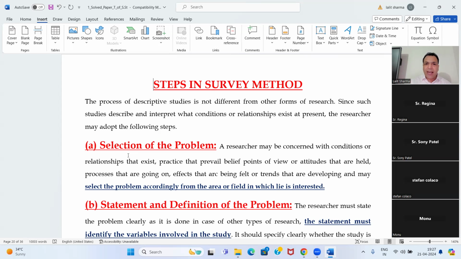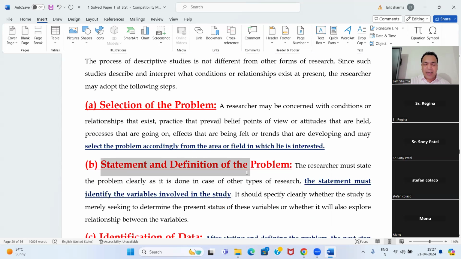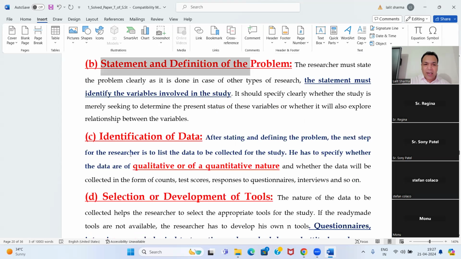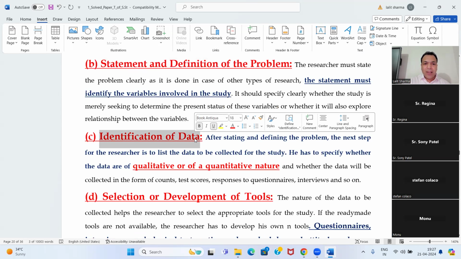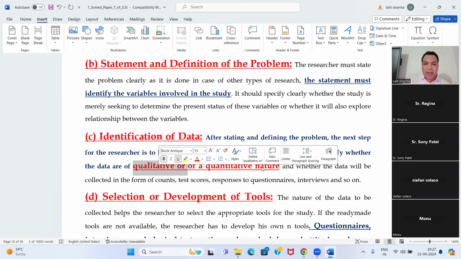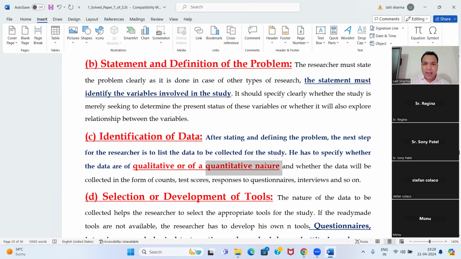Second, statement and definition of the problem. Third, identification of the data. Means whatever your data is, qualitative है या quantitative है. For example, you want to check the knowledge of ICT of 10th class students.